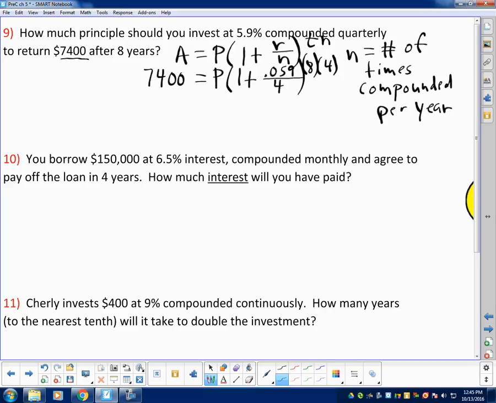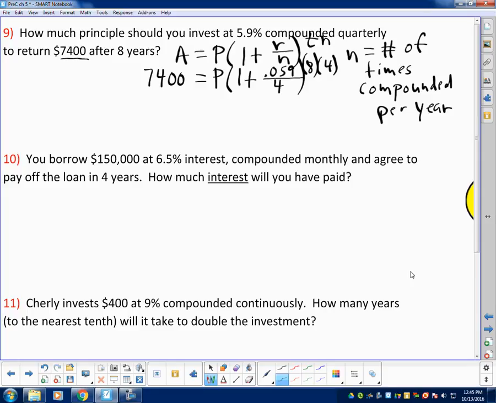Okay, so plug in everything you know. Don't do anything, just leave it blank. Somebody calculate the 0.059 divided by 4. A lot of times they leave this out in the calculation, but 0.059 divided by 4, what do you get? 0.01475.